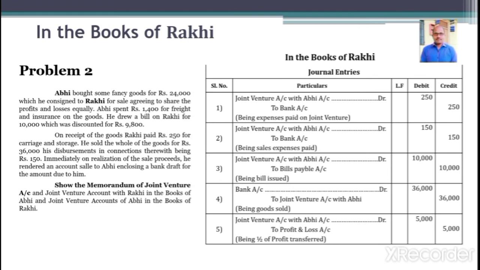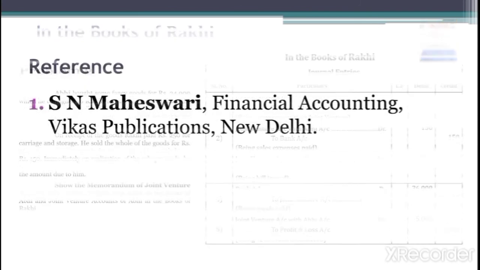Joint venture account with Abhi account debit to bills payable account 10,000. The next entry is for the sales proceeds. Bank account debit to joint venture account with Abhi account 36,000. The last entry is for transfer of profit on memorandum joint venture account. Joint venture account with Abhi account debit to profit and loss account.